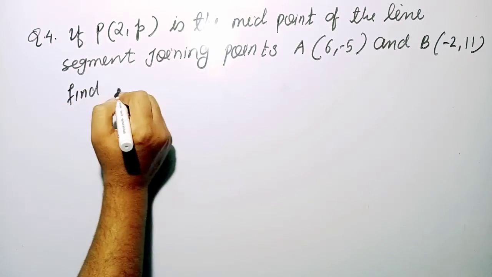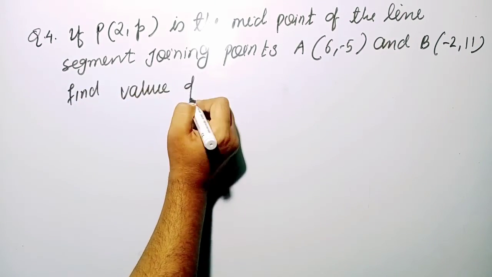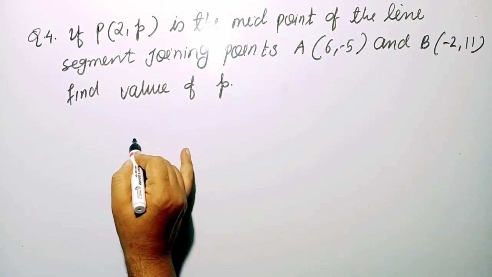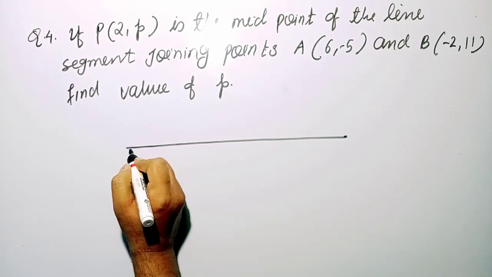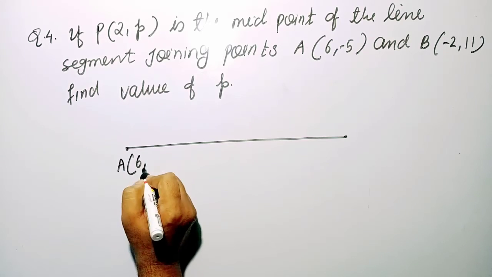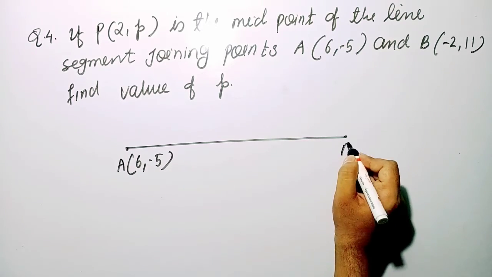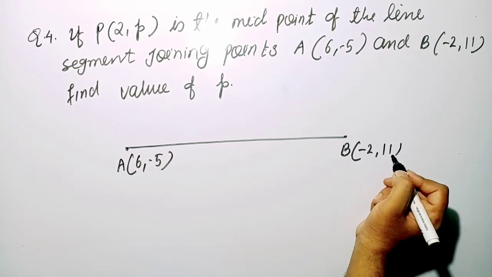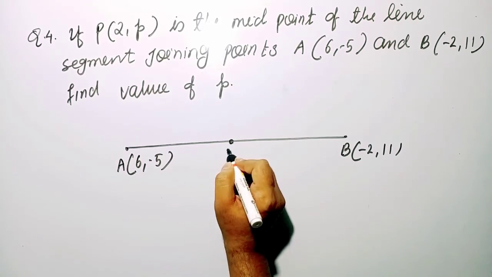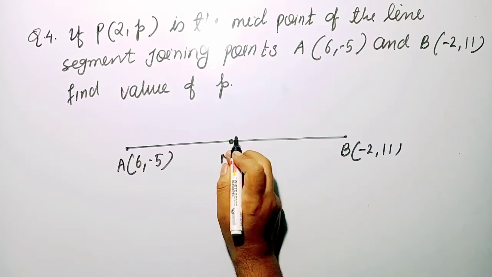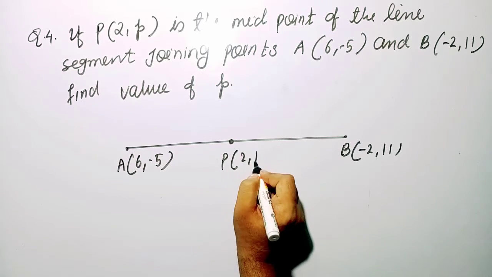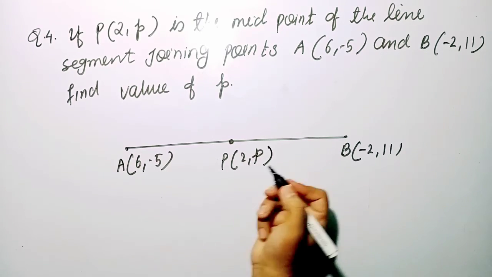Okay students, here we have to find the value of p, because the midpoint is given. We just have to apply the midpoint formula. So the midpoint having coordinate 2 and p, right? 2 and p.